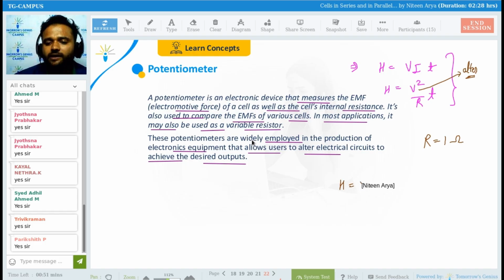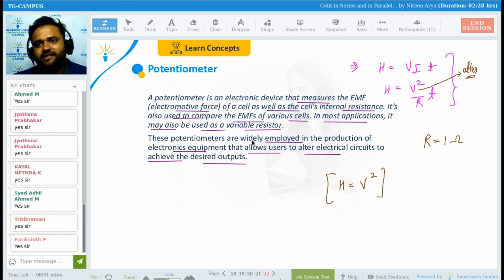Now my heat energy is directly proportional to V square, which I can alter with the help of this device. Is this clear? This is just a simple explanation, a real life analogy, of what we are going to use in electrical iron, in electrical rods or heaters.